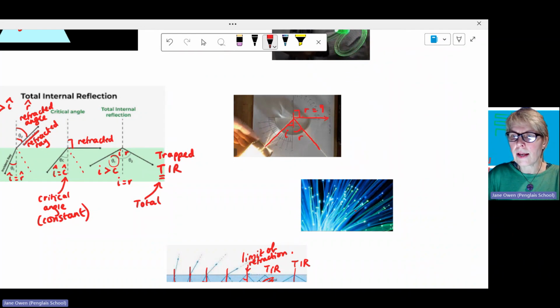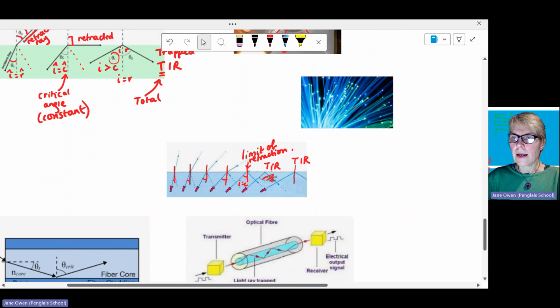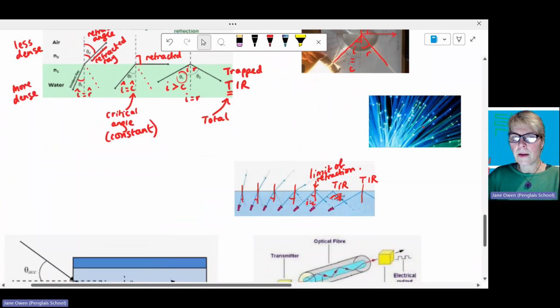And when the refracted angle is 90 degrees, the incident angle is equal to the critical angle. So that's one experiment that you might have done in the lab, and this helps to look at fiber optics.